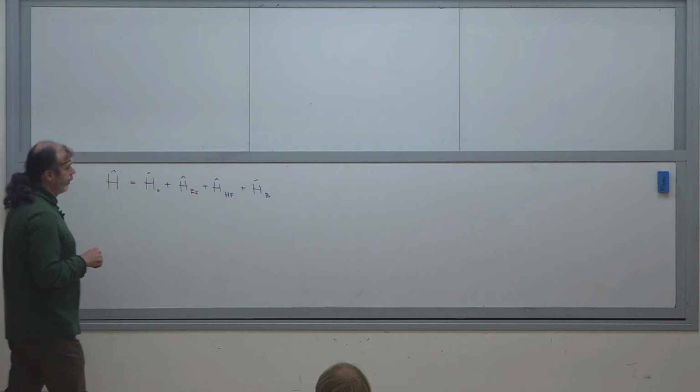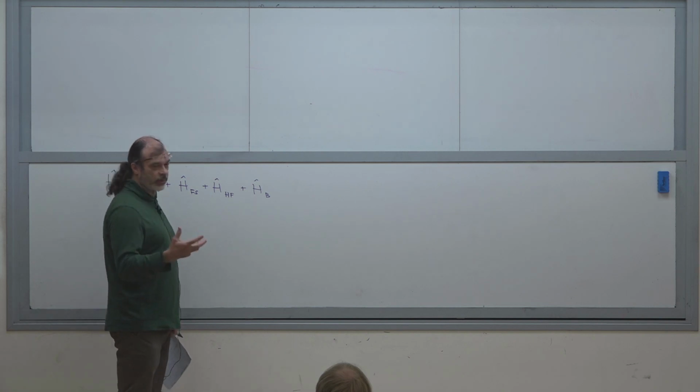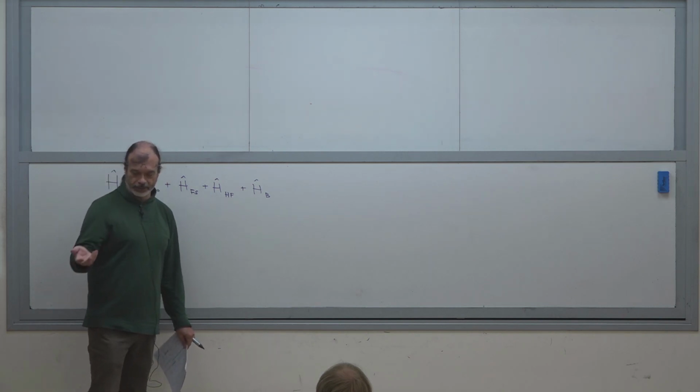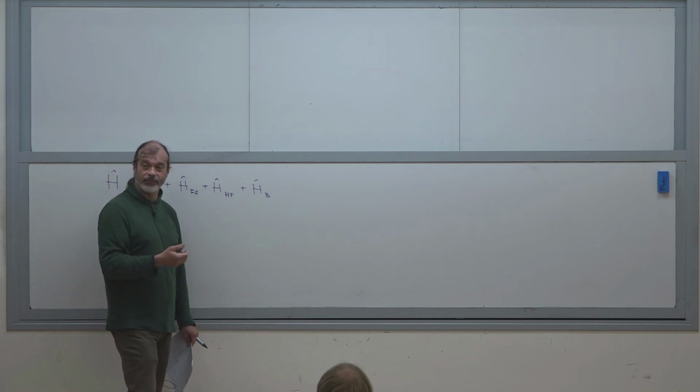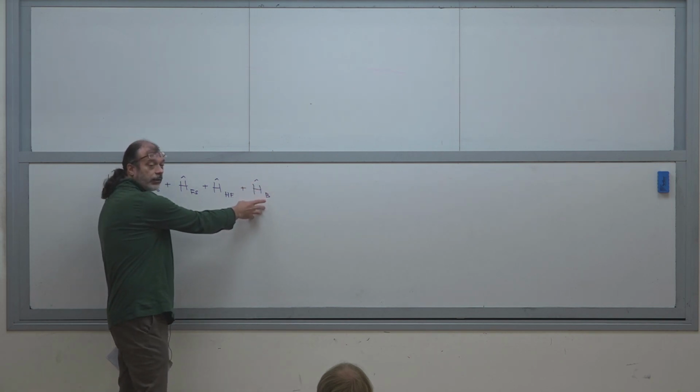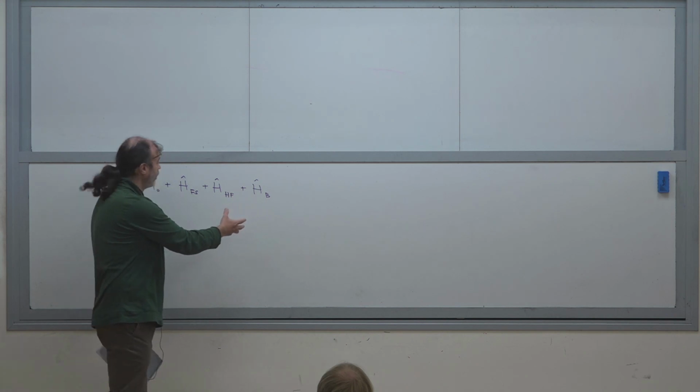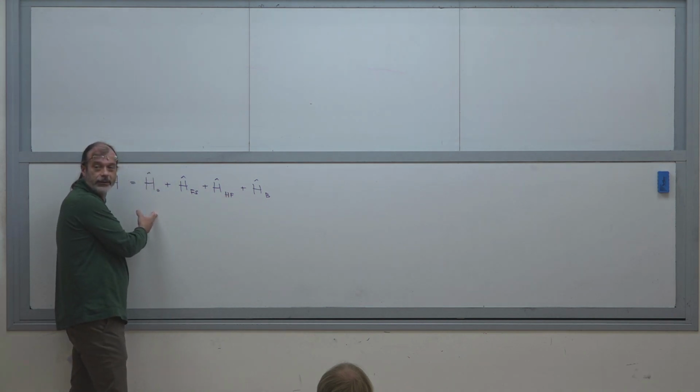So it is proportional to the magnetic field multiplied by the magnetic moment. But depending on the strength of the magnetic field, this part of the Hamiltonian can be different as compared to different parts of this Hamiltonian.